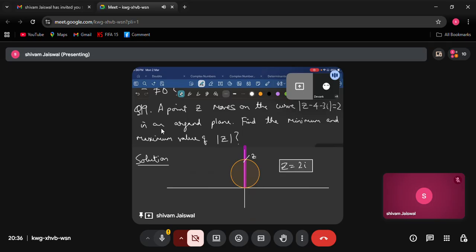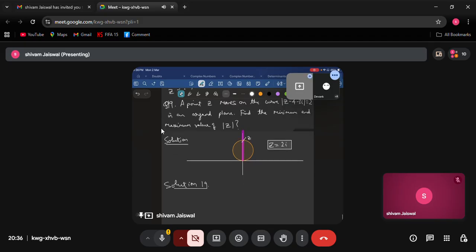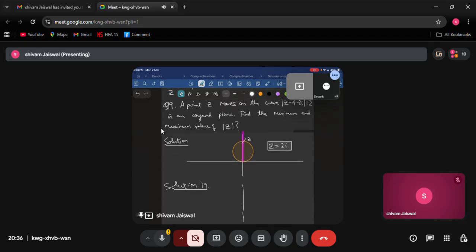Okay. Raktim, check your answer again. Everyone pay attention. What is the center and the radius? Yes. Anandit, your answer is correct. What is the center and the radius? Sir, 4, 3 and 2. Radius is 2 units. Okay. We need to find out the minimum and maximum value of mod z.